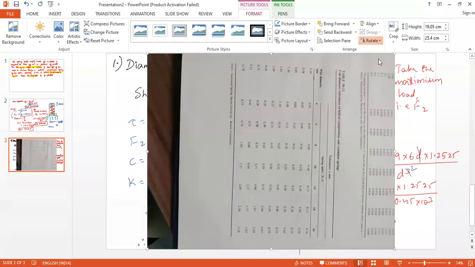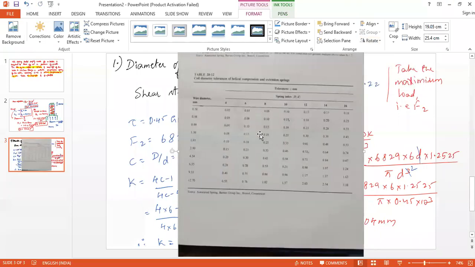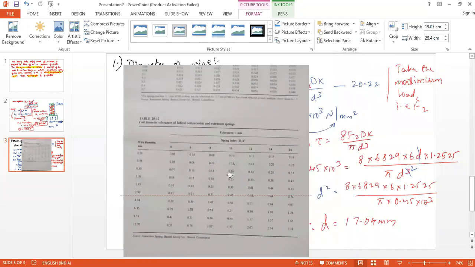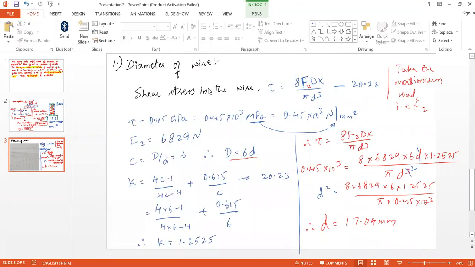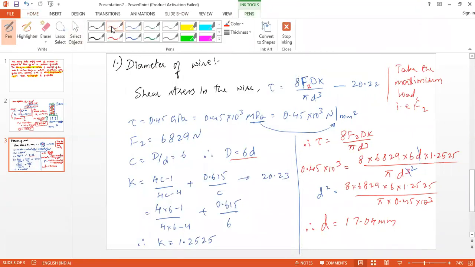I think I don't have a copy of it. Okay, the standard diameter of the wire is 18 mm.